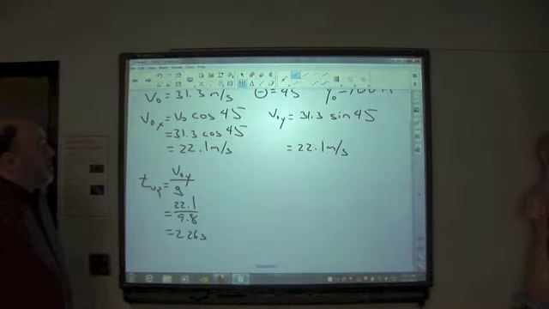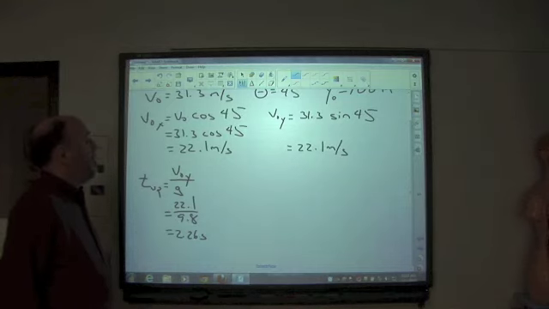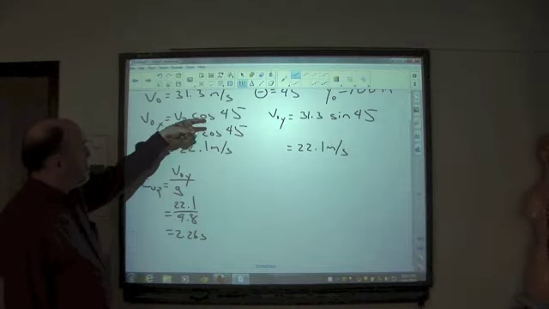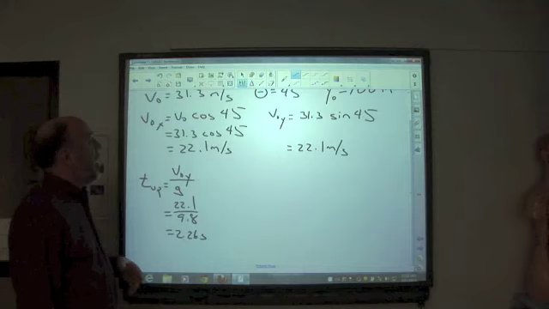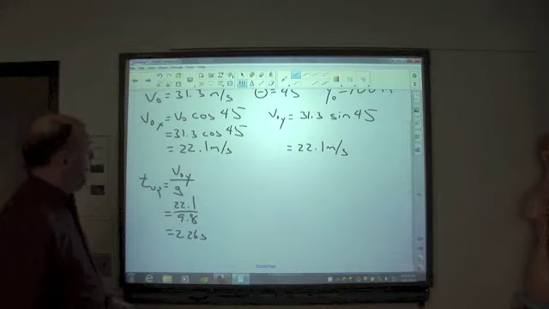But this time, again, we said this will not be symmetrical because my projectile is going over a cliff. So I need to know when it gets 2.26 seconds up to that highest point, how high up is it? And so we need to find that number.